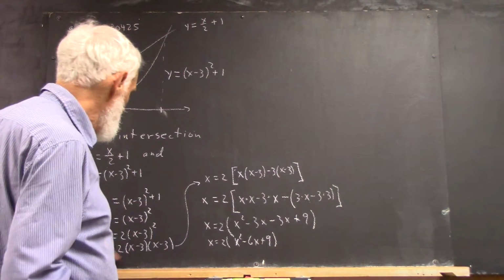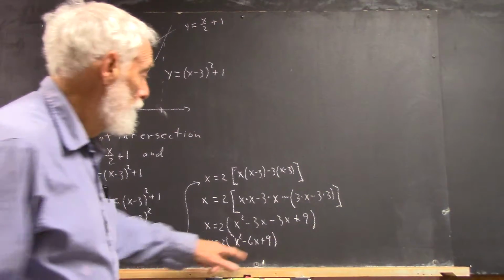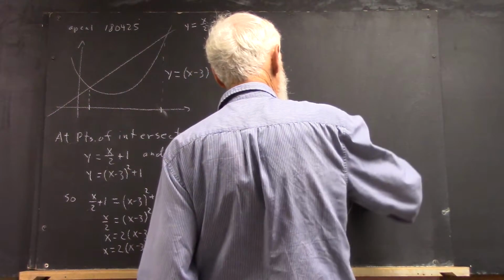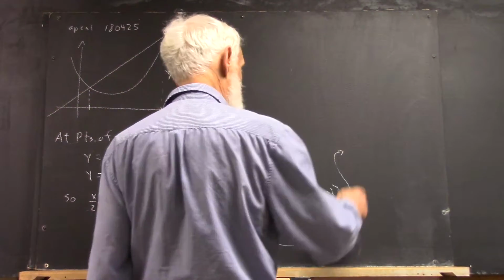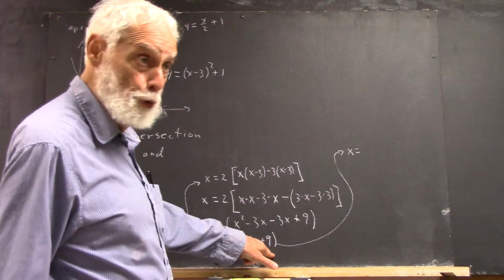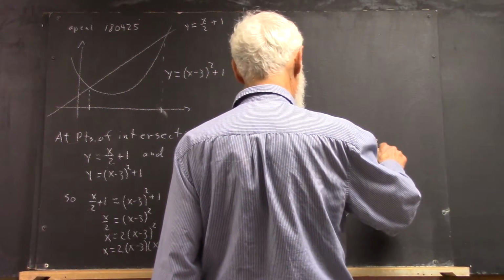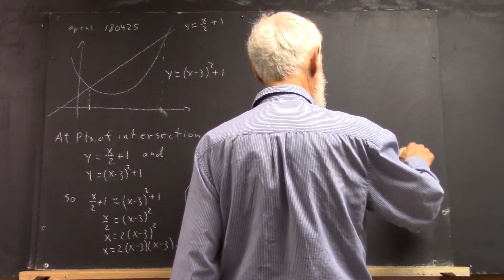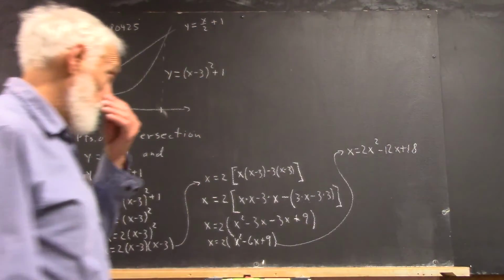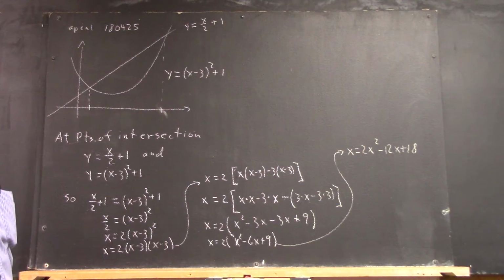Anyhow, okay, so we've expanded this, and now we have this, right? Well, we still got a ways to go, so let's try to get it done over here. We got then x equals, now I can distribute multiplication by 2 here, right? 2x squared minus 12x plus 18. Okay? Now, do you see what kind of an equation that is and how to solve it?